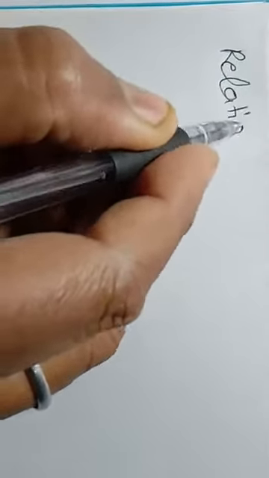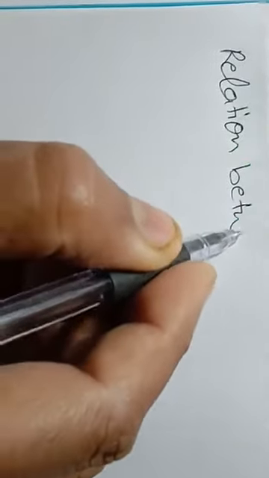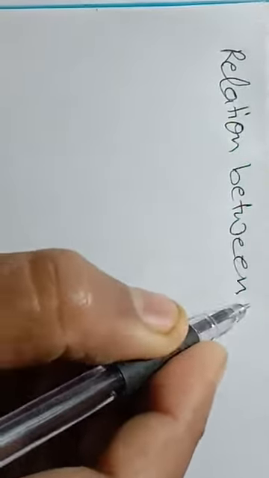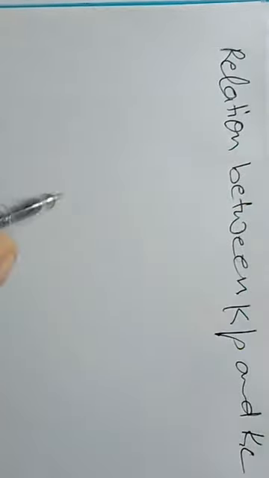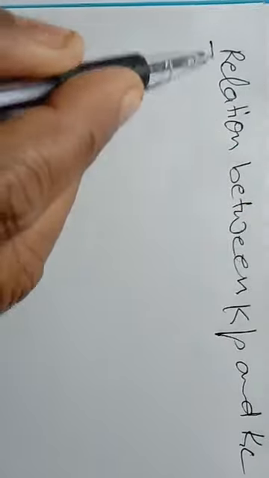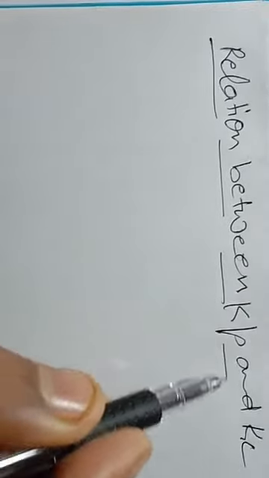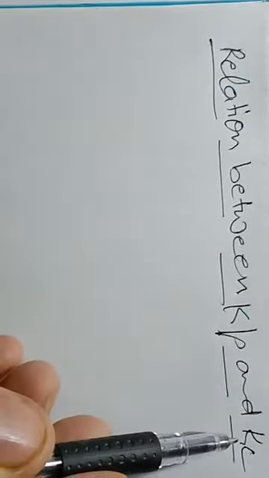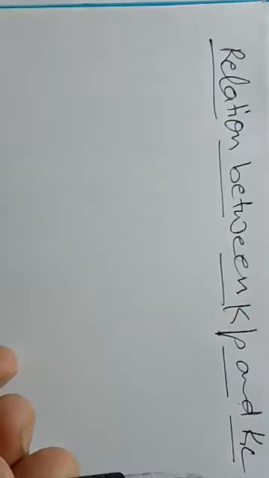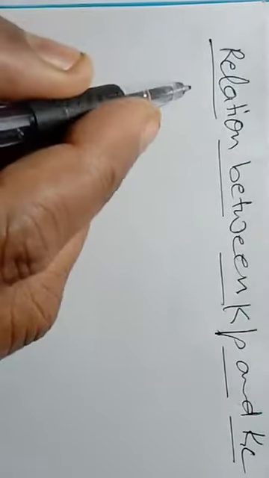Hello children, in this lecture we will start the topic relation between Kp and Kc. What is the relation between the equilibrium constant in terms of pressure and the equilibrium constant in terms of concentration?